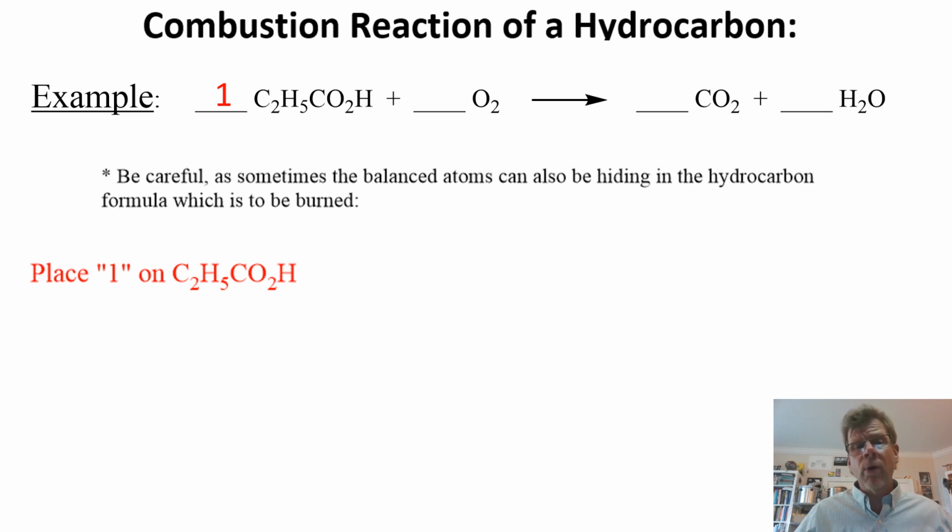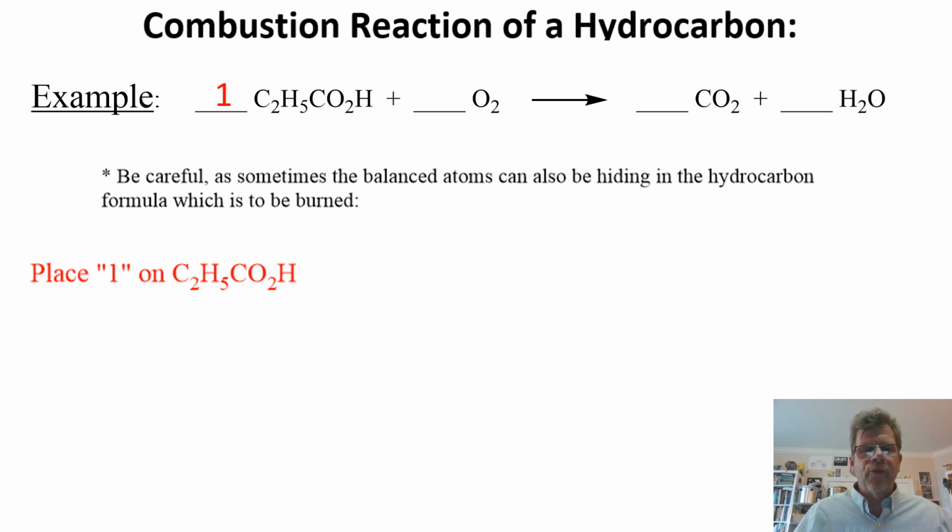In this case, both carbon and hydrogen on this hydrocarbon are susceptible to making a mistake because they're a little bit split up. And sometimes that's just the way that the chemical formula is written. It's just something to keep in the back of your head when you're balancing these equations. Fair enough.